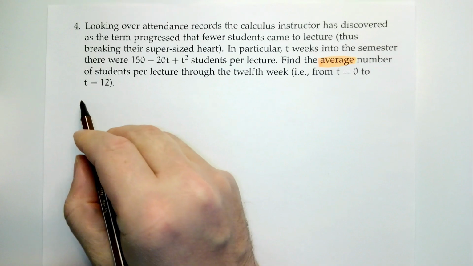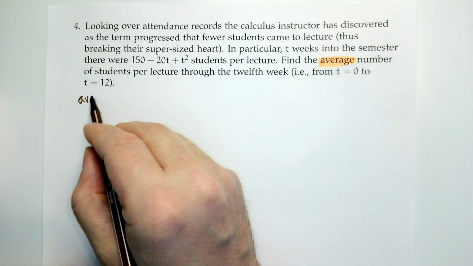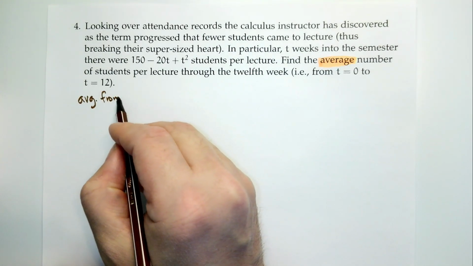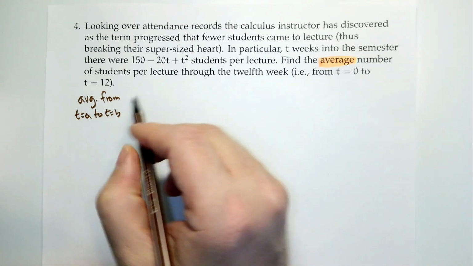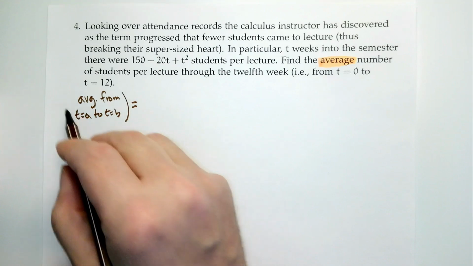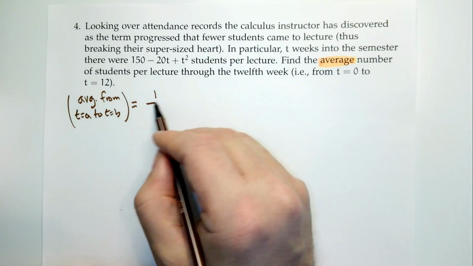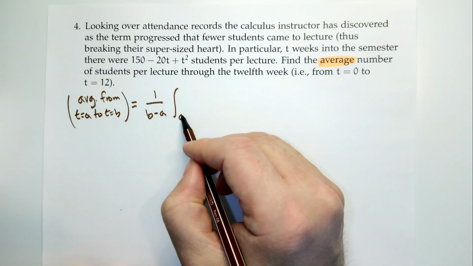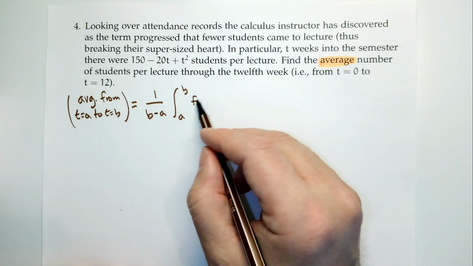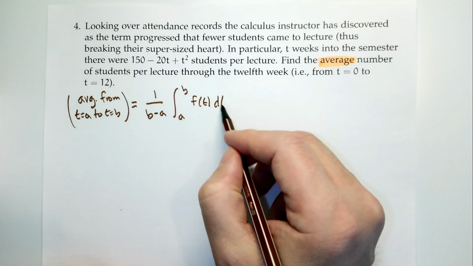So, the average from time t equals a to time t equals b is given by the following. 1 over b minus a integral a to b of the value of the function f of t dt.